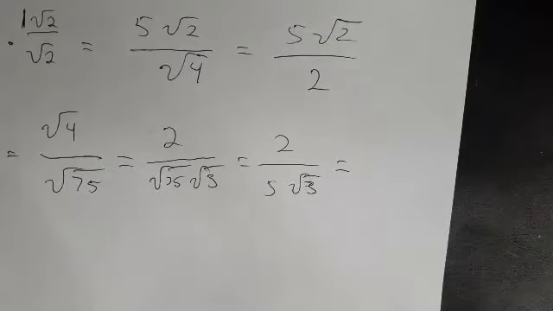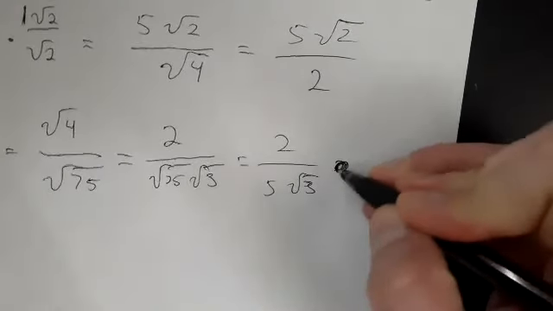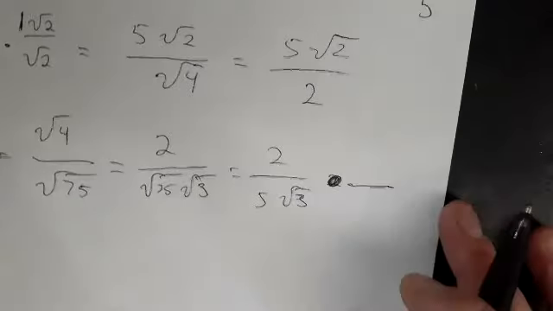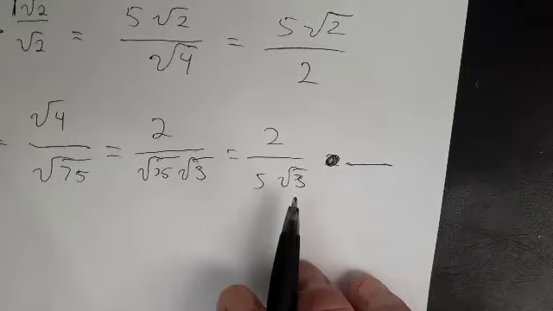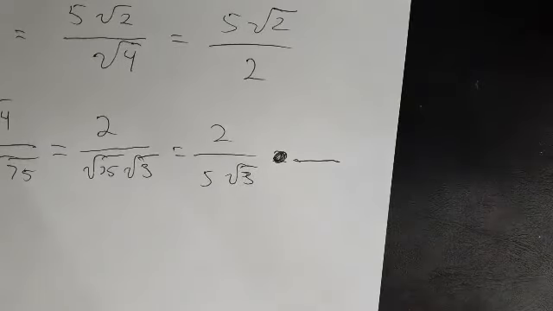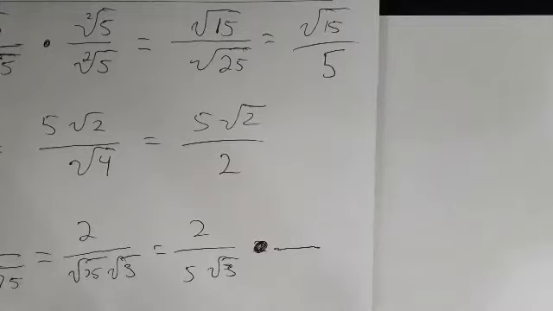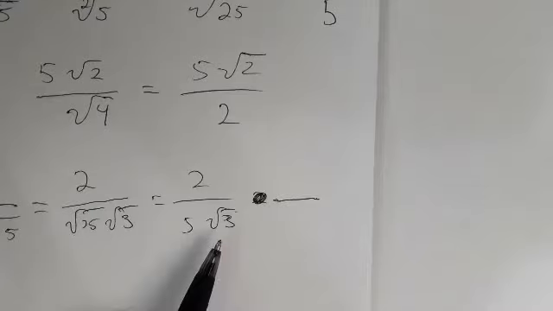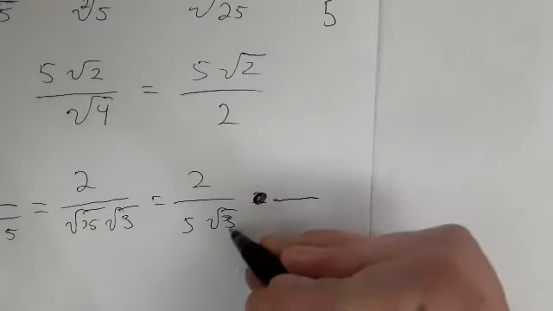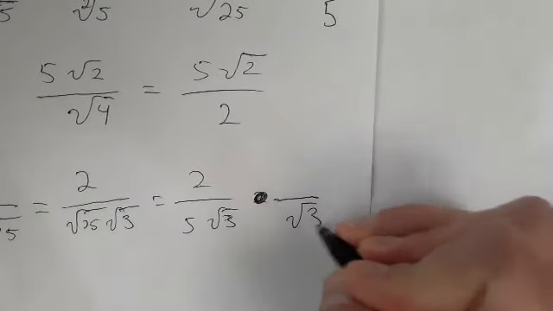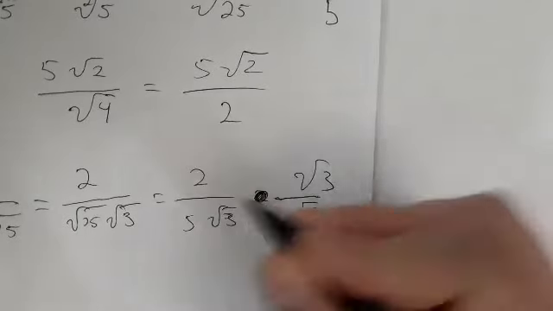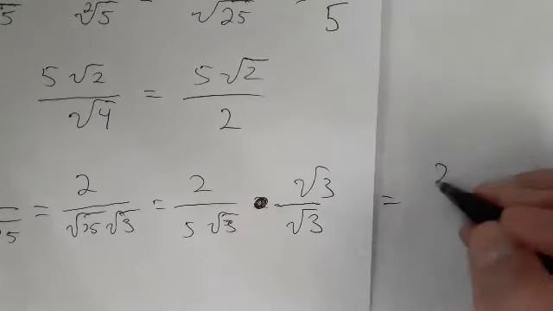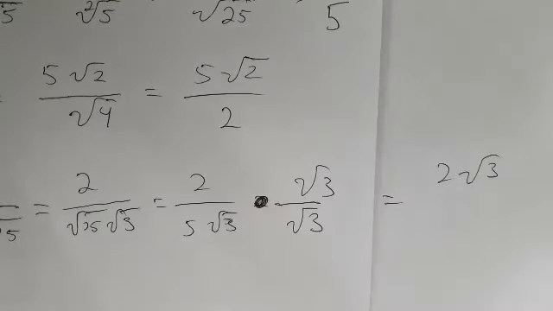And so now I want to multiply this by something so that there is no radical down here. The radical that I have down here is a square root of 3. If I want to get rid of a square root of 3, and I already have one, I need one more. 2 times the square root of 3 is 2 square root of 3.